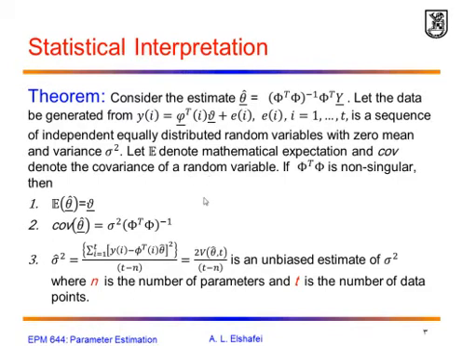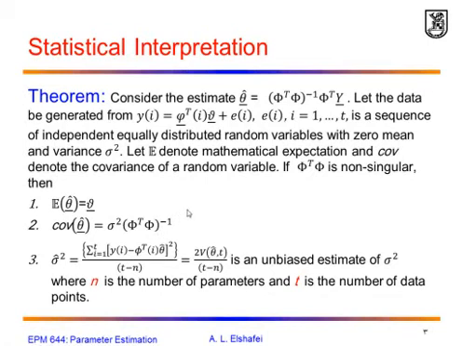Of course, as these variances get smaller, that means that we will have more confidence in our estimates. The off-diagonal elements of this matrix will give the relation between the different estimates and each other, and of course in the ideal situation the off-diagonal elements have to be zeros.